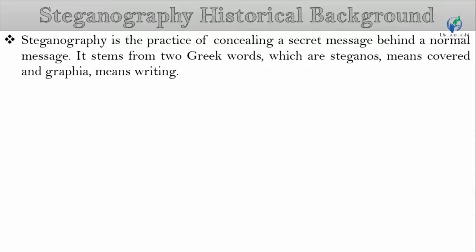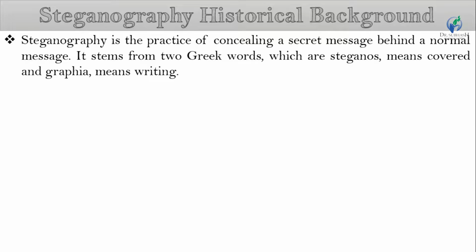Now I explain the historical background of steganography. Steganography is the practice of concealing a secret message behind a normal message. It stems from two Greek words, steganos meaning covered and graphia meaning writing.